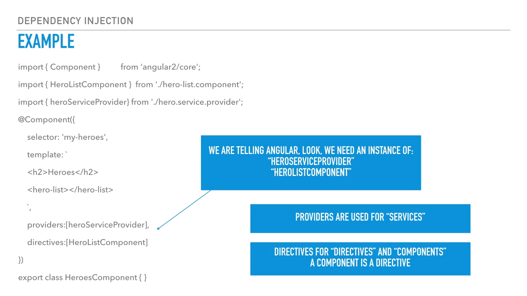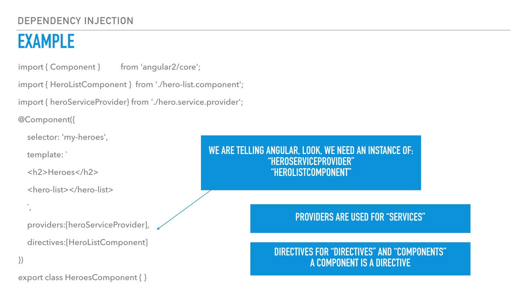Yes, again, we have here a component, and look, here we are importing a hero list component from our file that is named hero-list.component, and also we have a hero service component.